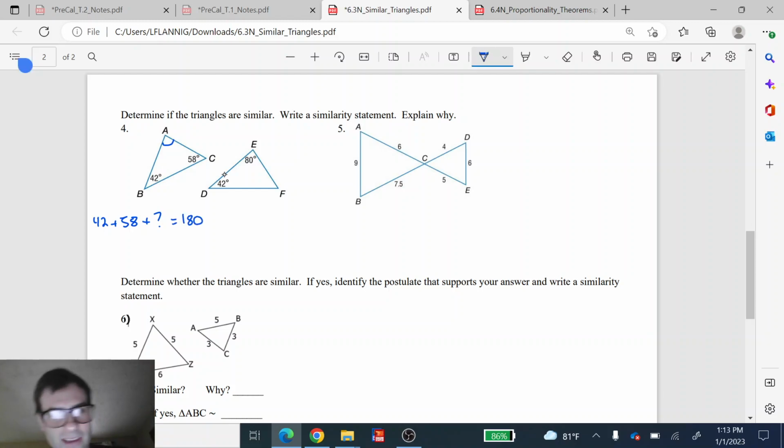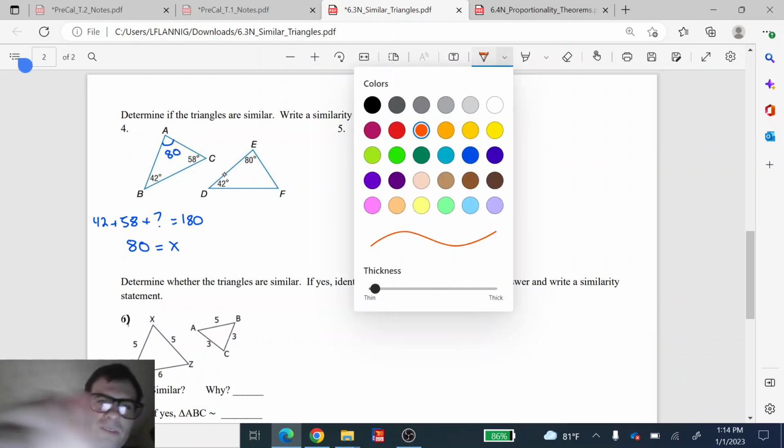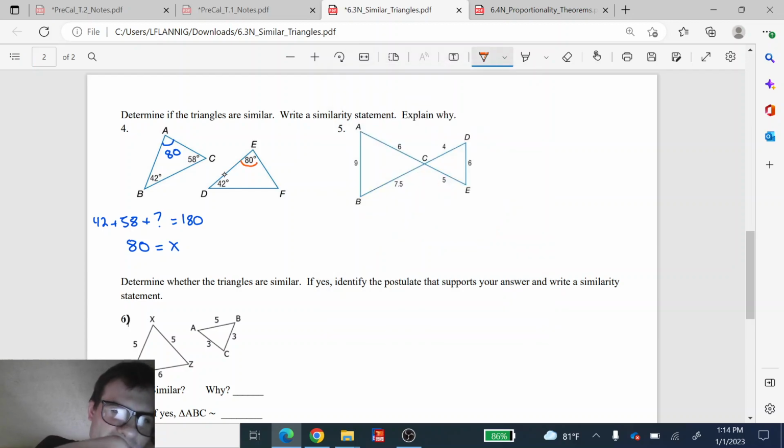And that something ends up being 80. 80 is this missing angle. Oh, that's kind of cool. Because if you see, this one's 80 and this one's 42, this one's 42 and this one's 80, so there's only one other thing that it could be, and that has to be 58.